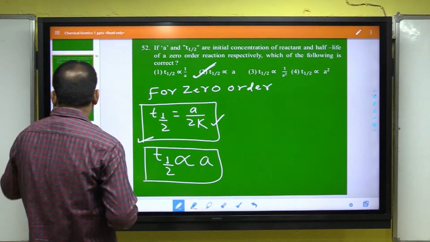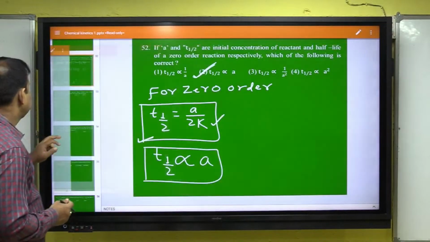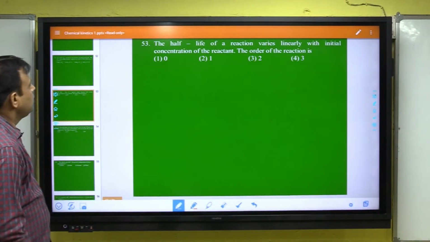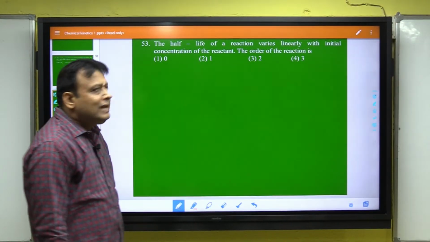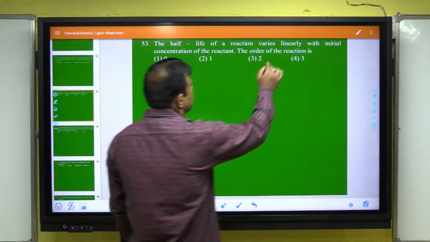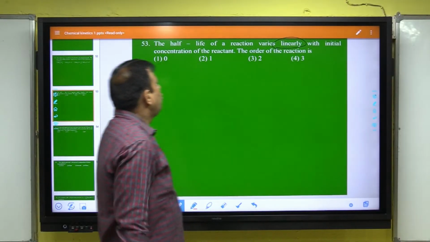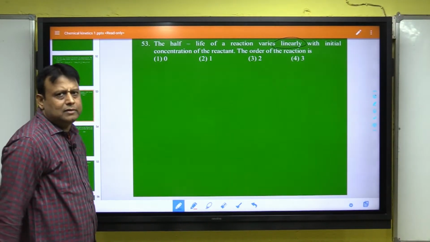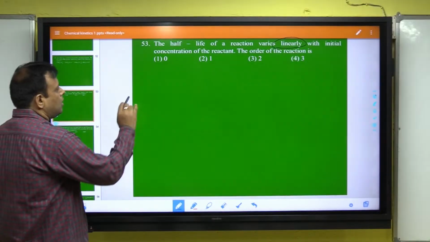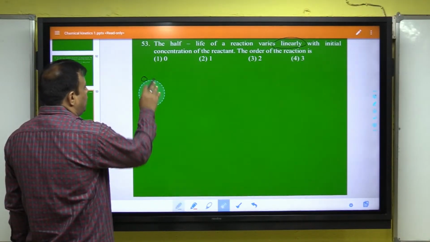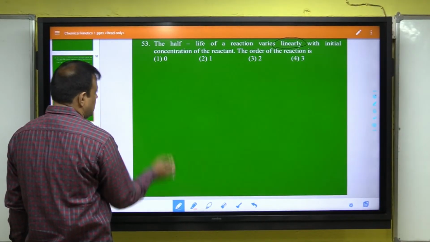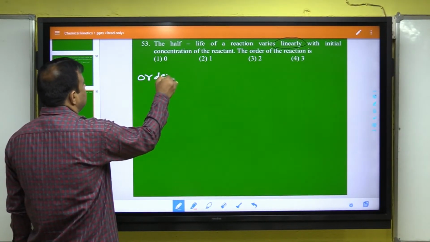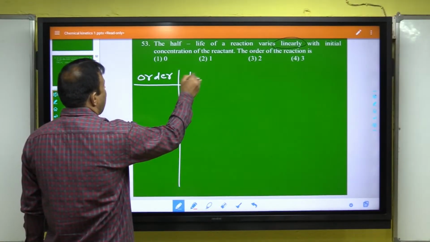Question number 53. The half life of a reaction varies linearly with initial count. Listen, look at both. Order and half life.